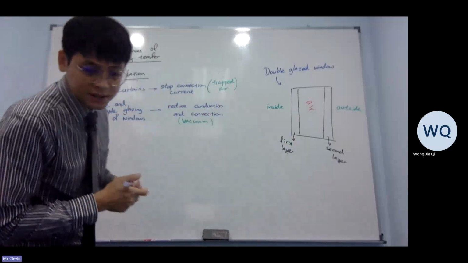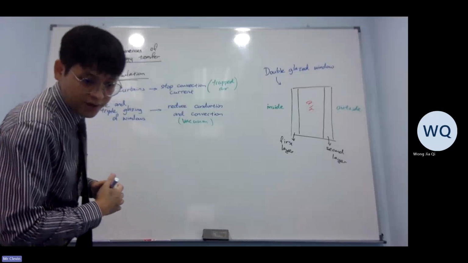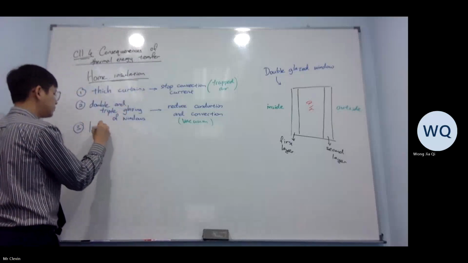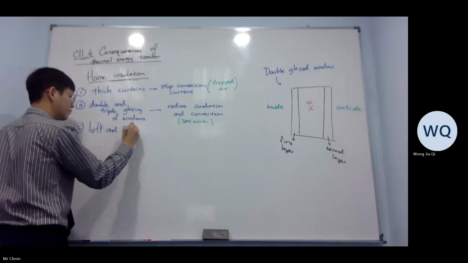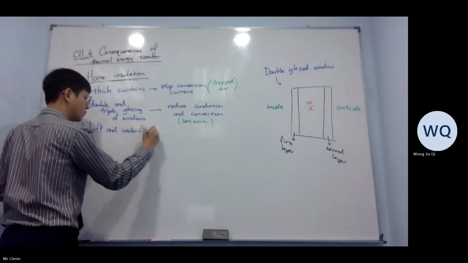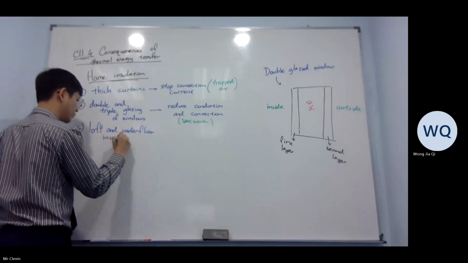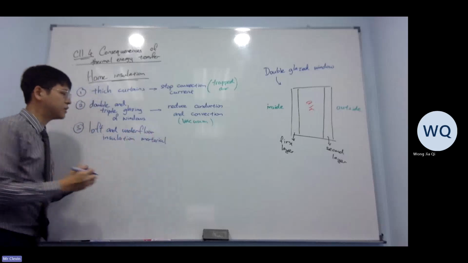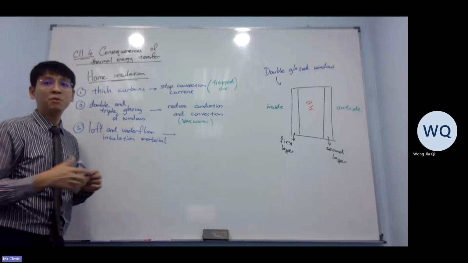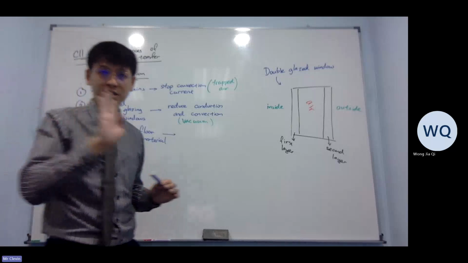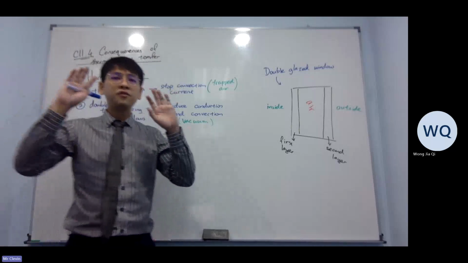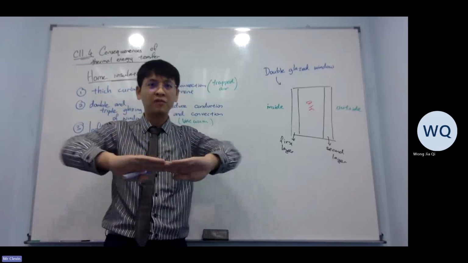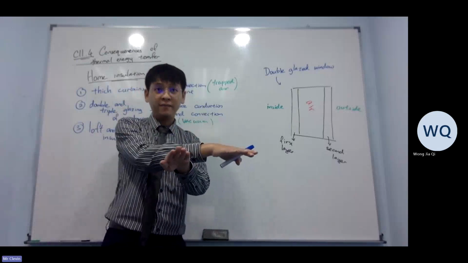The third component that you need to know is roof and underfloor insulation material. If you really look into how they build houses in a four-season country, they will put foam in a few different areas. First, on the ground, they put foam first, then they put a board on it.